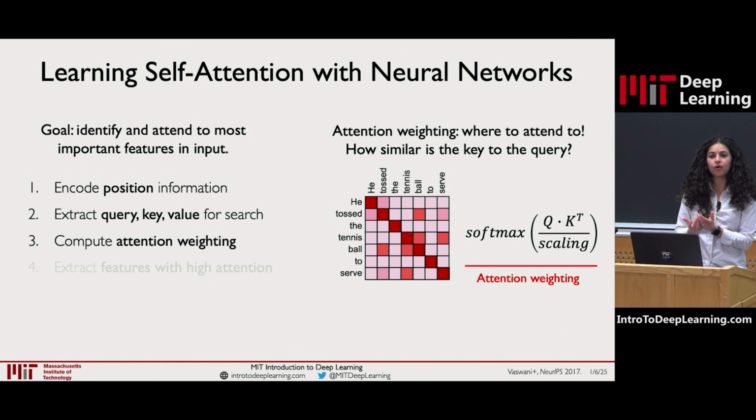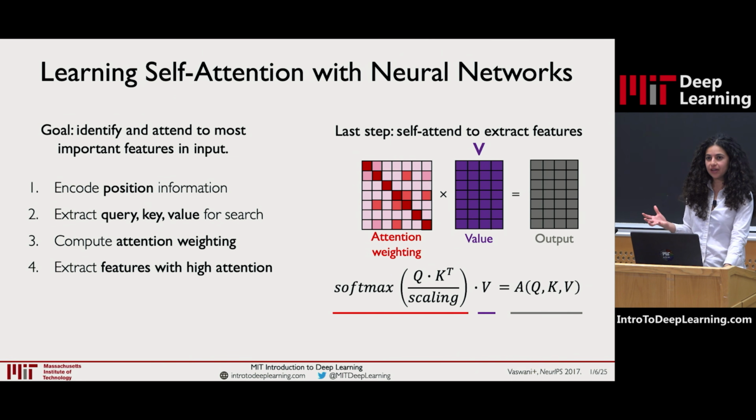Intuitively, you can think about things that are more similar, more related, as having higher attention weights, and things that are less related as having lower attention weights. So here, in this example, tossed and ball have a high score, tennis and ball have a high score, and so on. This gives us our attention weighting, or our attention matrix.